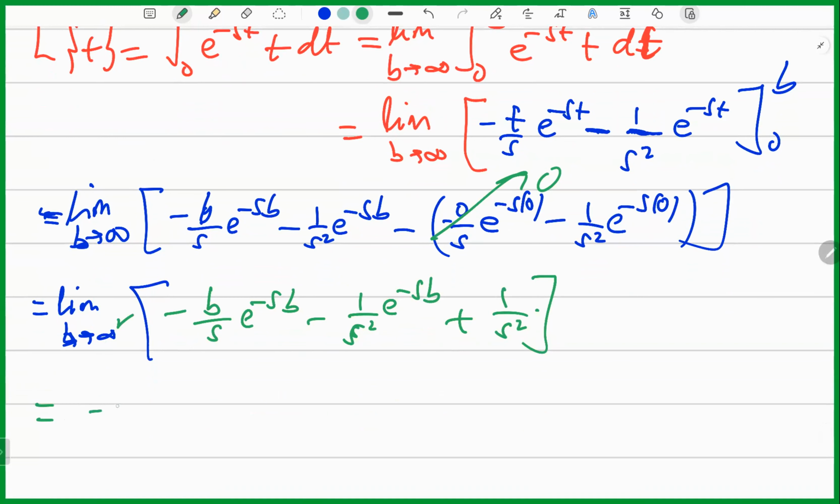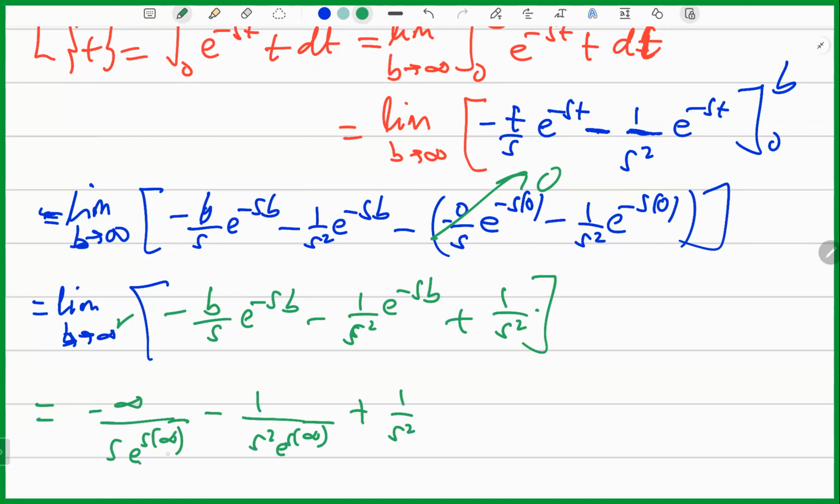So this is going to be minus infinity over s, e to the minus s infinity, minus 1 over s squared, e to the minus s infinity, plus 1 over s squared.